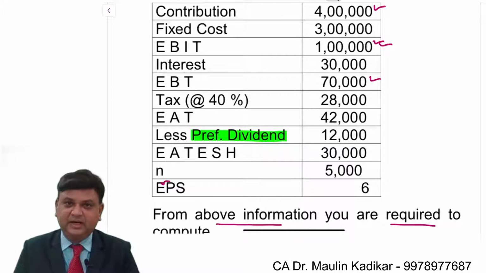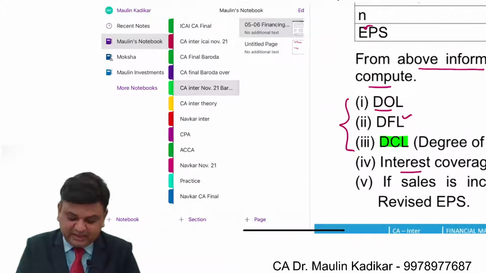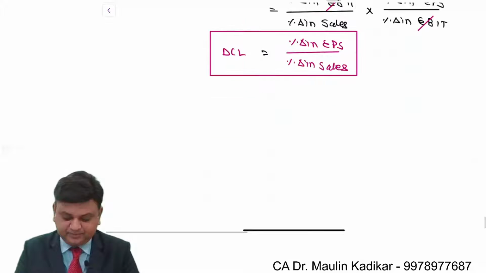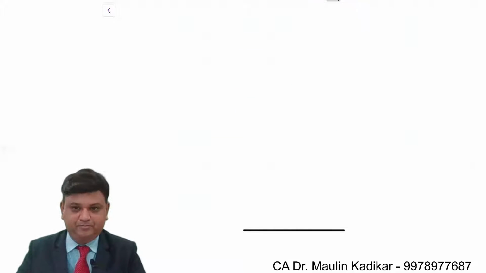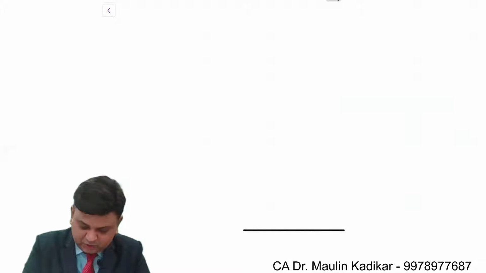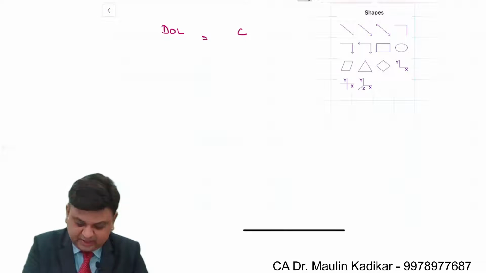So we'll apply the formula accordingly to make the calculation of answer. Once we compute both of them, the combined leverage is only the product of both of them, that is operating leverage and the financial leverage. So answer of the first question, DOL, that is found as contribution upon EBIT.